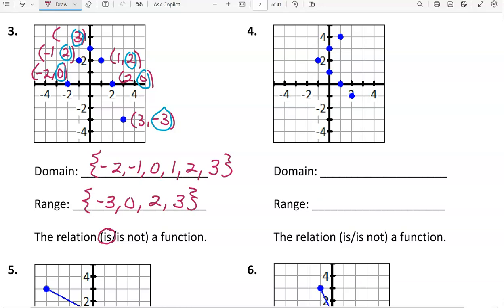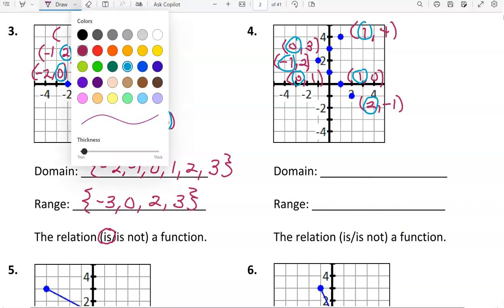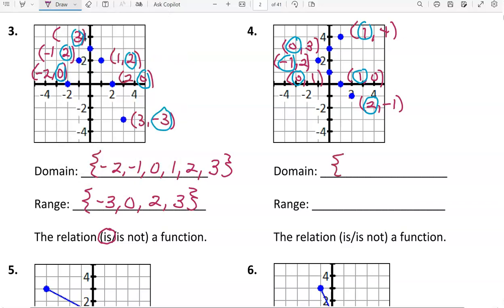In number 4, we can write the ordered pairs and then find the set of all x values for the domain. From least to greatest, the set of all x values is -1, 0, 1, and 2.